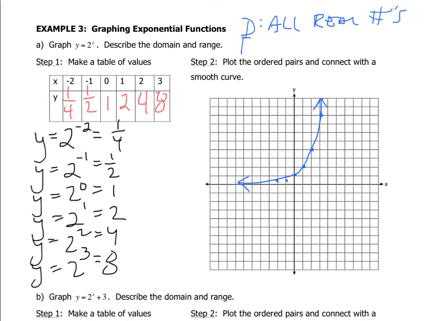Our range, though, remember, our range are the things that we are seeing come out. In this case, if you think about what you are seeing in your table, remember a negative exponent is not going to make this output become negative. And if I'm taking a positive base and just doing the negative exponent over and over and over again, we are going to be approaching 0, but we're actually never going to make it to 0 for the y values.